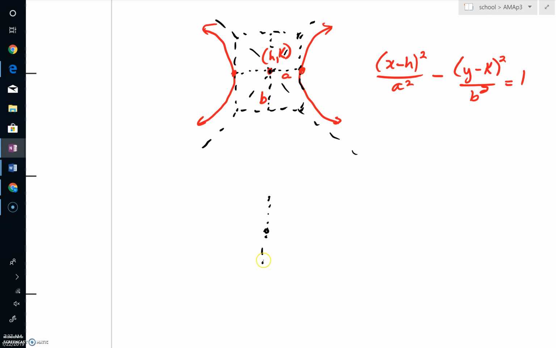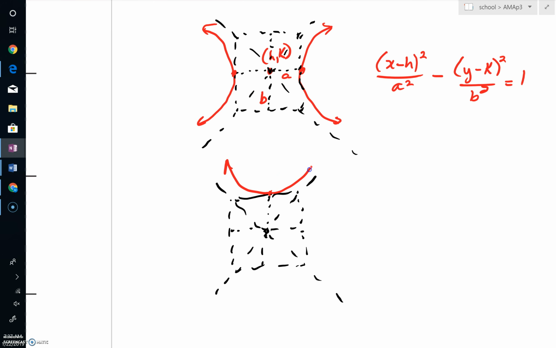What you can see very quickly is that you could form a box. Once again, you can have asymptotes. The asymptotes control the branches here. And you could see more or less that we could be opening up and down.